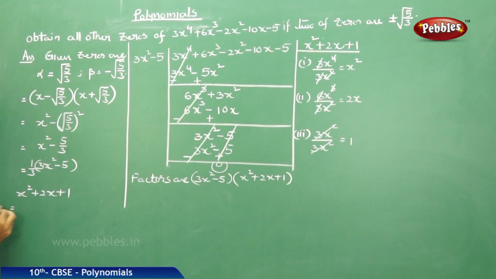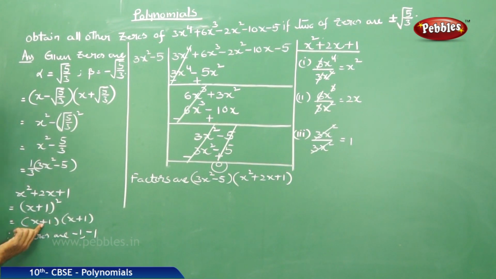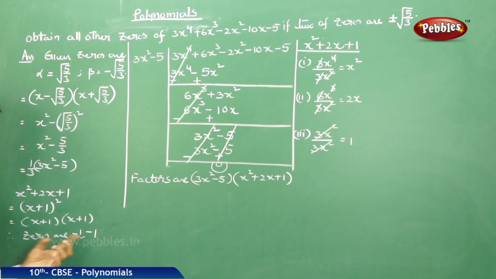If you observe this one, it can be written using the formula a plus b whole square, that is x plus 1 whole square, that is x plus 1 into x plus 1. Therefore zeros are minus 1, minus 1. Why? Because the zero of x plus 1 is minus 1 and the zero of x plus 1 is minus 1.